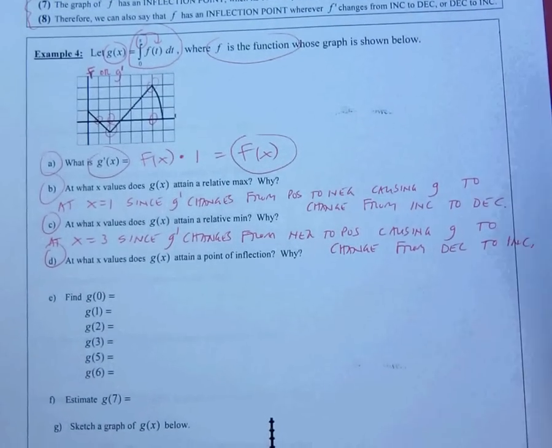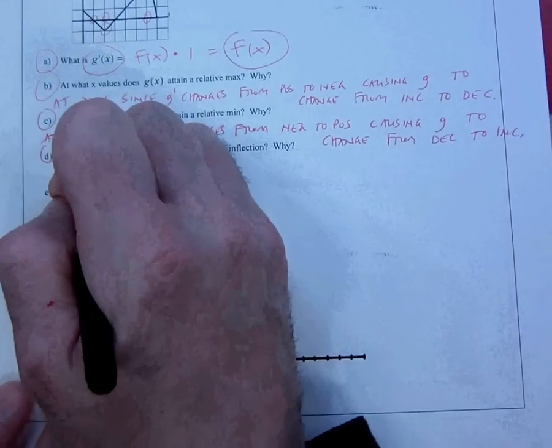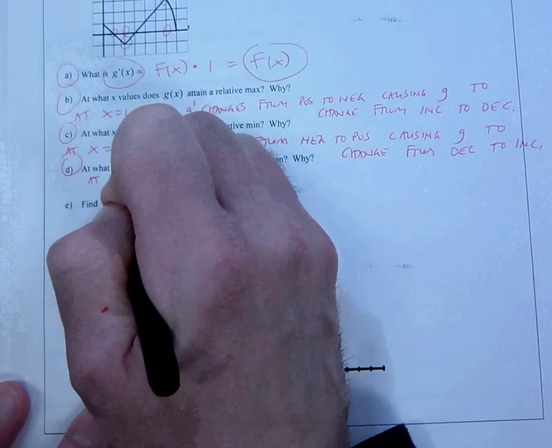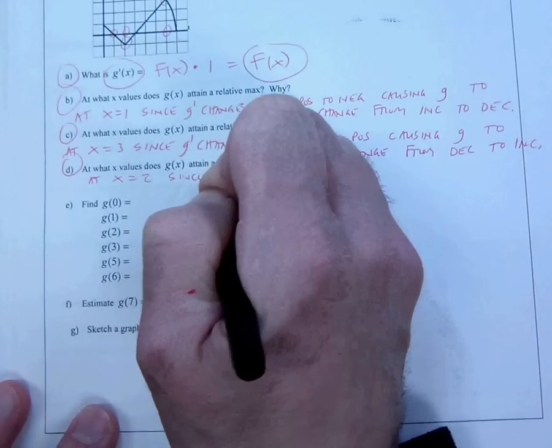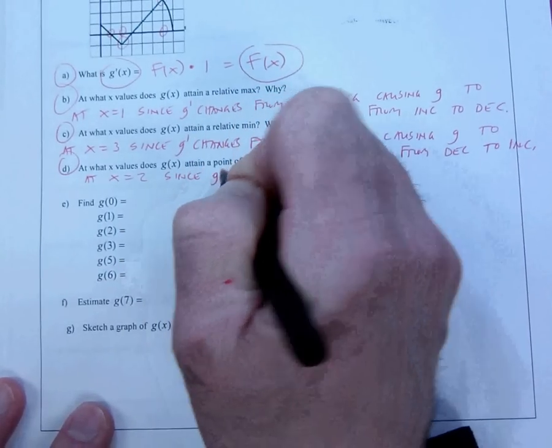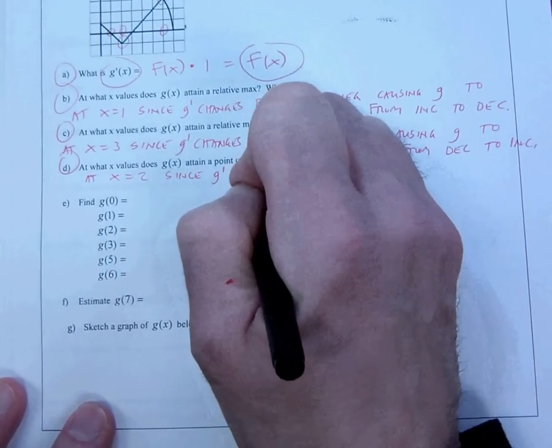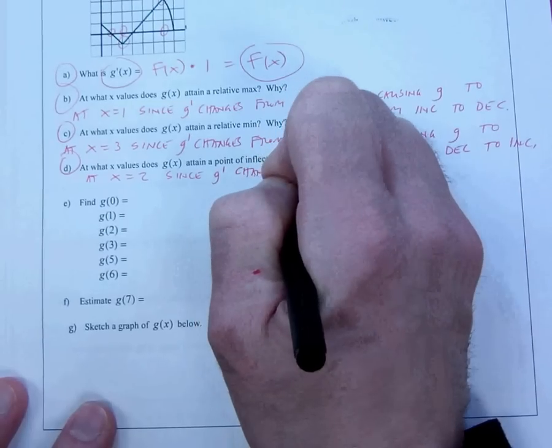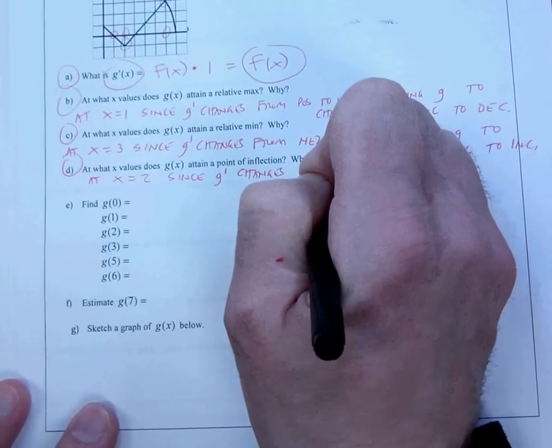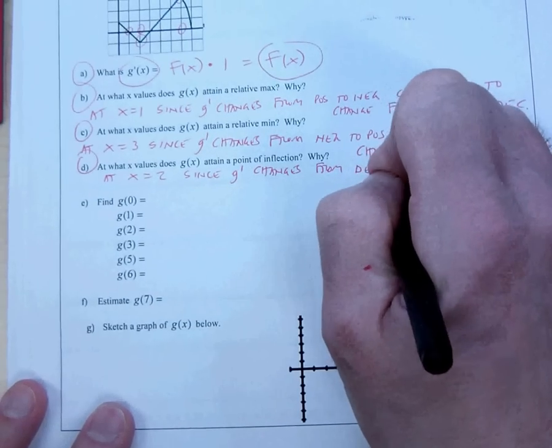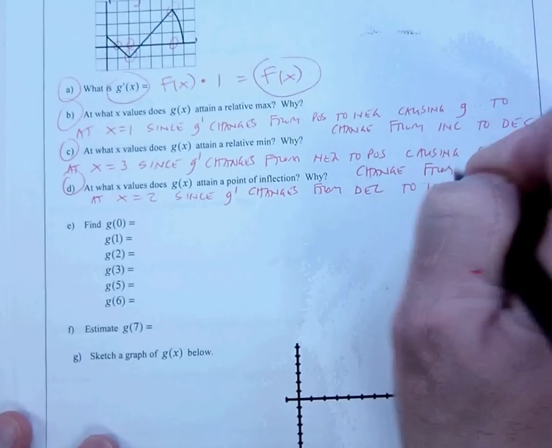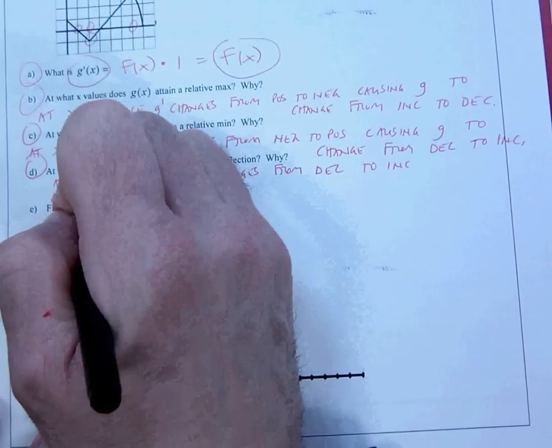So you'd say at x equals 2, since G prime changes from decreasing to increasing, and also at x equals what, guys?